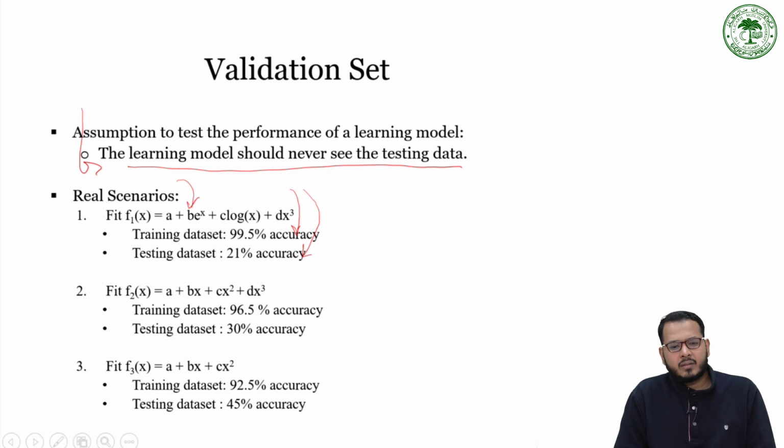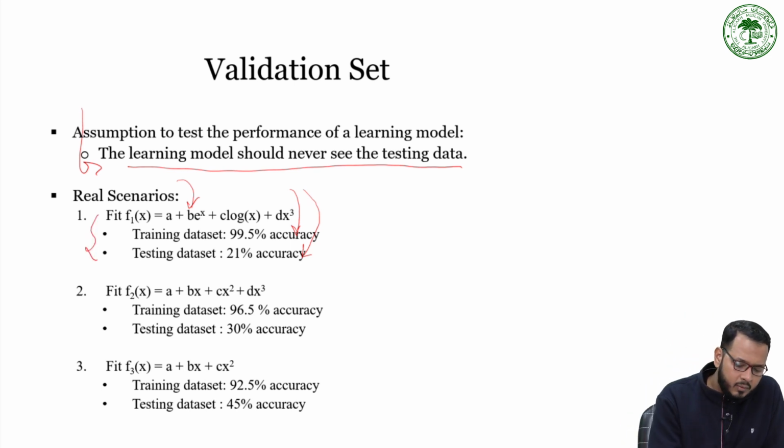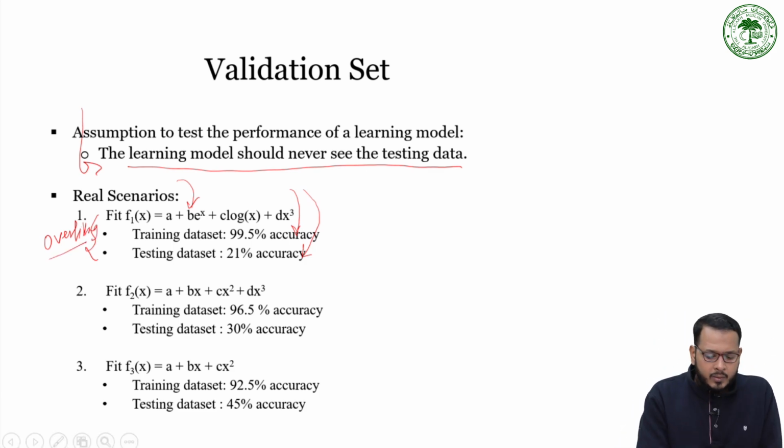but a comparatively really bad testing accuracy. As you can imagine, this is the scenario of overfitting. So as a result, we reduce the complexity of the function used and consider a relatively simpler model.